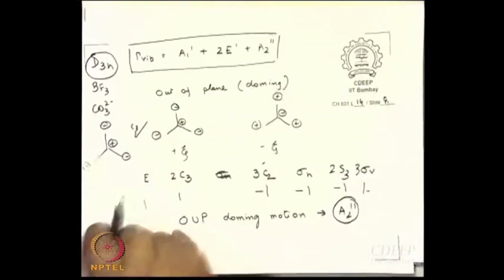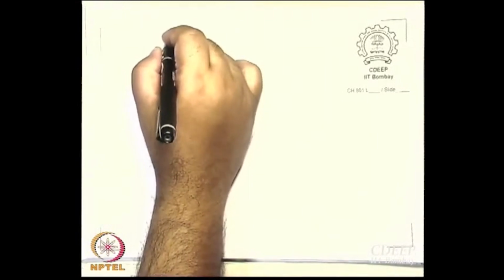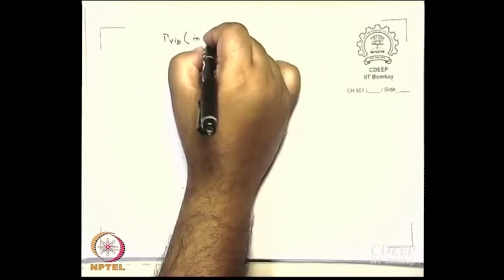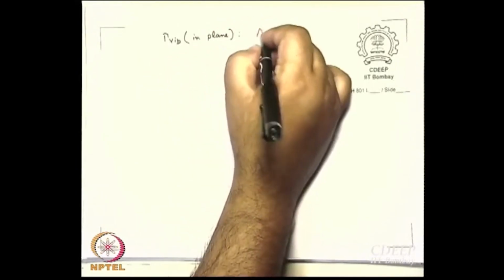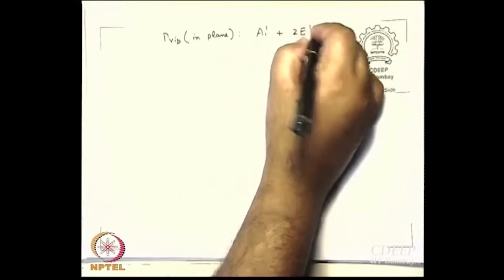So that is a no. Don't forget that each E dashed is 2 normal modes, a 2 dimensional representation. So one is assigned, and so what I can write further is gamma vib in plane has to be A1 dashed plus 2E dashed.